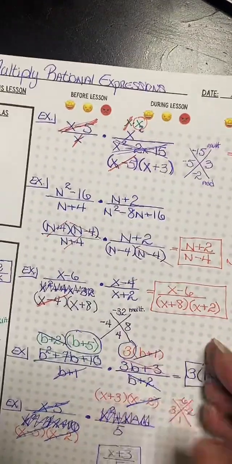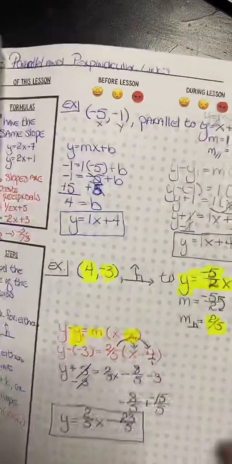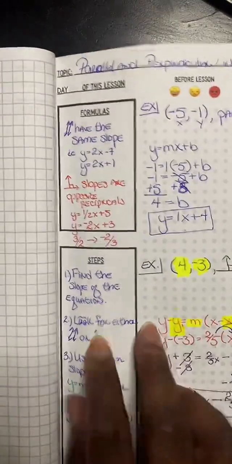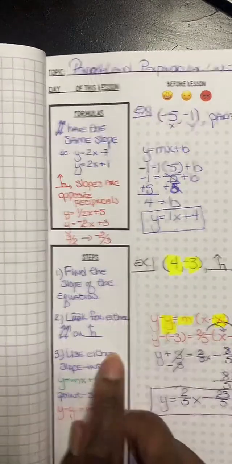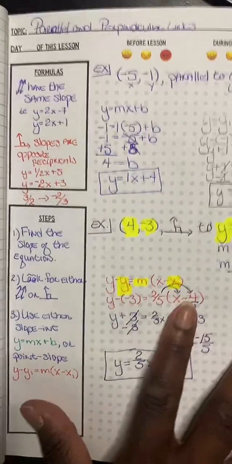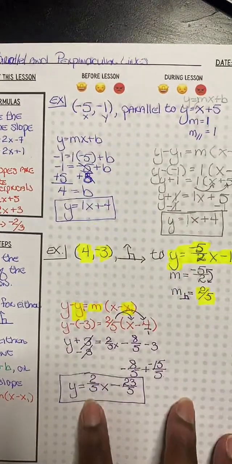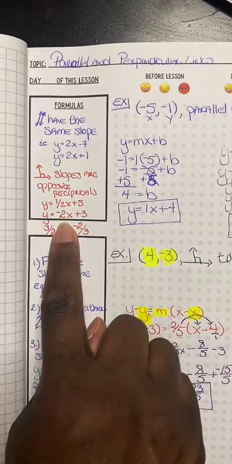So, if you like the structure of this notebook, okay? I designed this notebook. I was really selfish. I got sick and tired of my students not knowing how to jump with some of the formulas. And then plus, they just didn't have the steps. So I designed this notebook for them, so they can have all their practice problems on one side. They can put their formulas in.